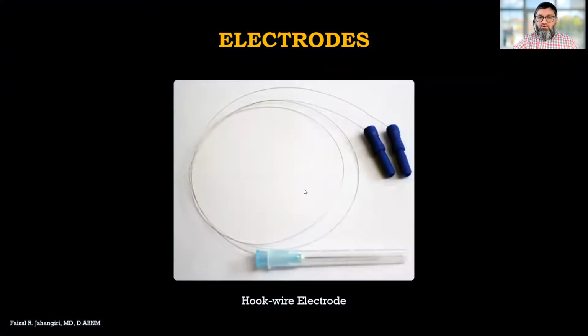Hook wire electrodes are very thin electrodes, usually used for cranial nerve monitoring. A very thin wire is passed through the needle, and it has about a 45-degree curved hook at the end. When you insert it into the muscle and take the needle out, it stays there. This is for very precise, very specific recording.